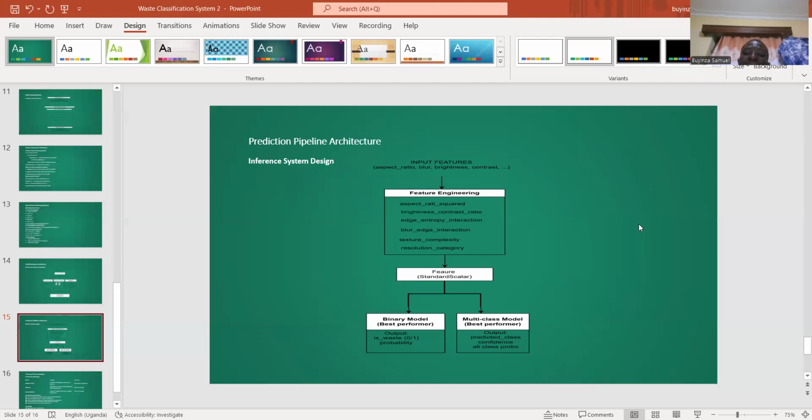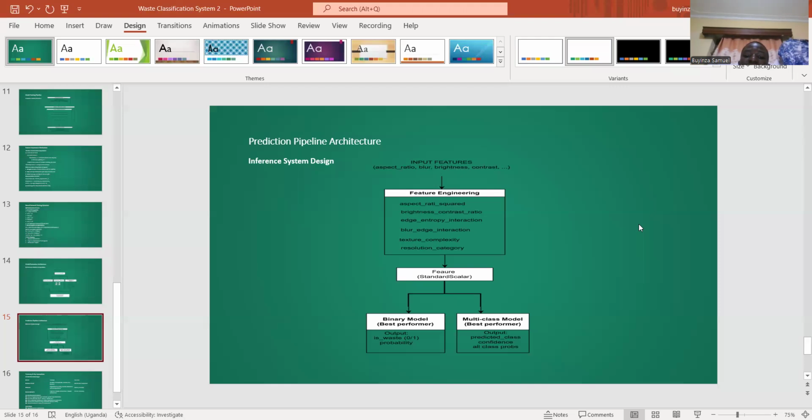In between the engineered features and the models themselves, we deploy a standard scaler for the features, where we eventually get a binary model for the best performer and a multi-class model.